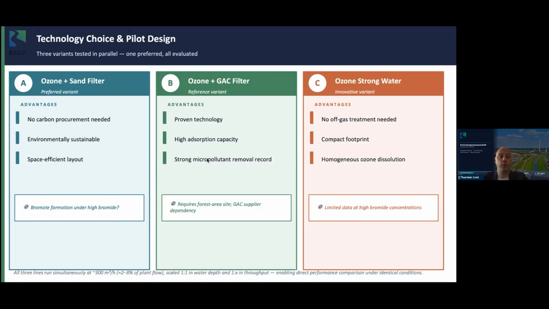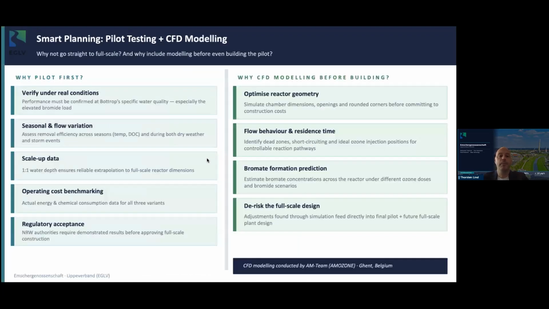And this is where the CFD modeling came in. With the CFD modeling, we thought we could see how the flow in the pilot project will look. And we were wondering if there is room for improvement on how we are doing the ozone injection.